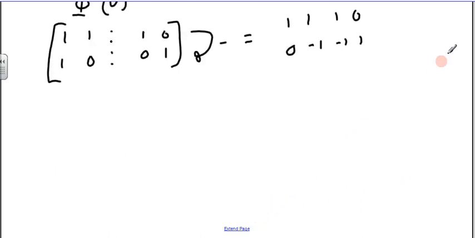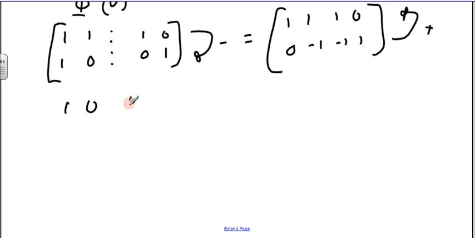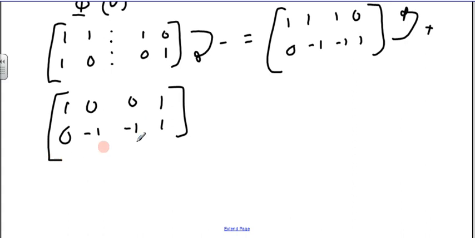Okay. Then we're going to take the bottom guy and add him to the top guy. 1, 0, 0, 1, 0 minus 1, minus 1, 1. And then we're going to multiply the bottom guy by minus 1. And we're going to get 1, 0, 0, 1, 0, 1, 1, minus 1.